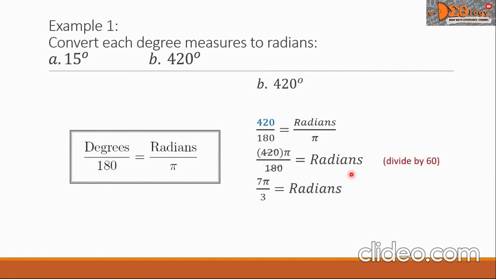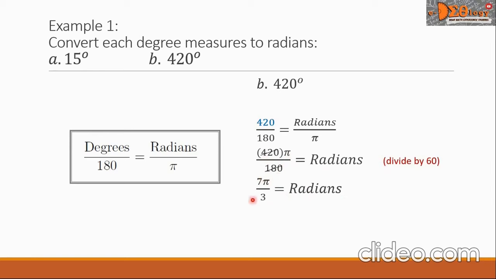Simplifying further, we're going to divide by 60 the numerator and the denominator of the left hand side. So 420 divided by 60 is 7. Then we will copy the pi down here over the 180 divided by 60 is 3 equals the radians.